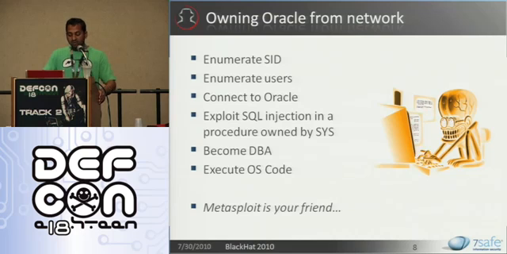Once you connect to the Oracle database, then you find one such procedure which you can execute, which runs with the privileges of sys maybe, and has a SQL injection that will let you become DBA, grant you the DBA role on that user. And once you have DBA, then you can execute OS code. So all of this can be done via Metasploit, and this was shown by Chris in last year's DEFCON talk.